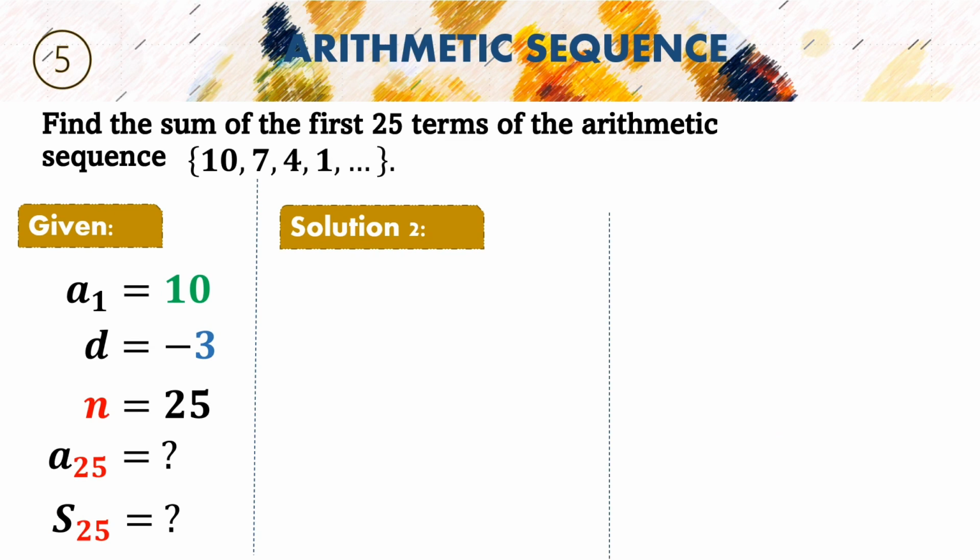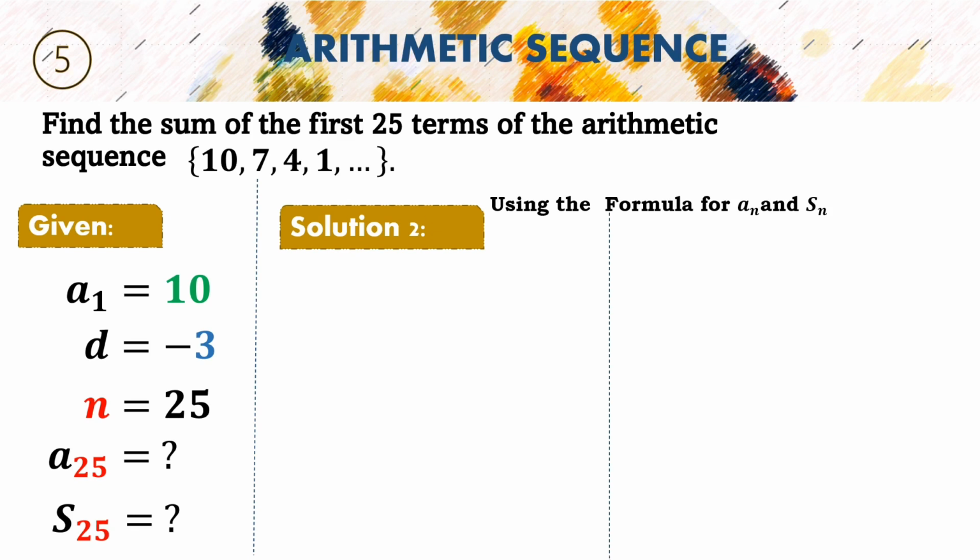Let's have another solution. Instead of using formula 2, we can have 2 steps using a sub n, the nth term, and S sub n, or formula 1. We know already the given.